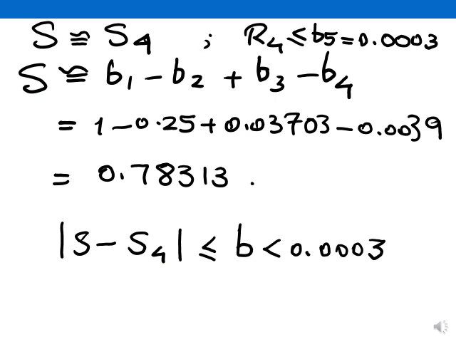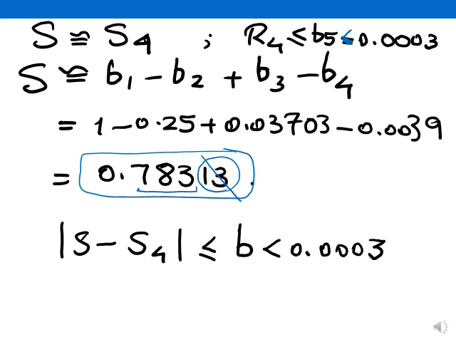Now let's use the calculator to find our values. We know from the previous analysis that we are going to add up 4 terms, with the remainder term less than or equal to b5, which is less than 0.0003. Adding up the terms using the calculator, we arrive at this value. We know for definite that the first 3 digits, 0.783, are accurate, and the last two digits we are not sure about.